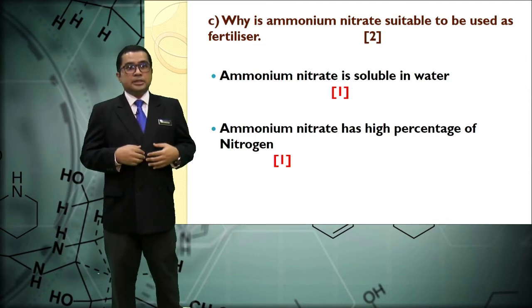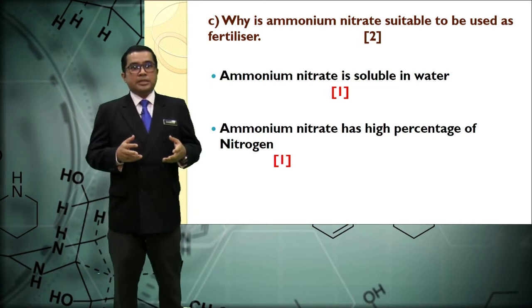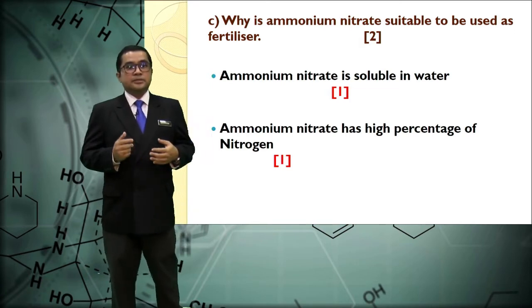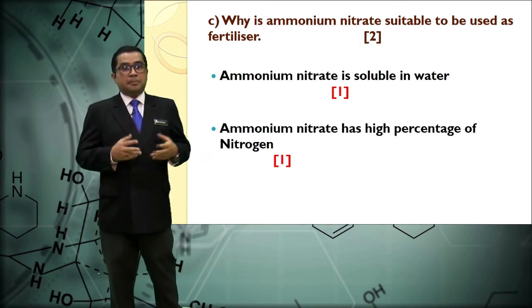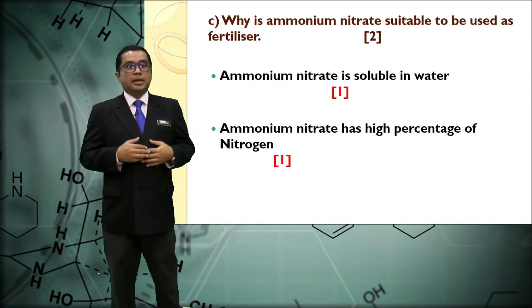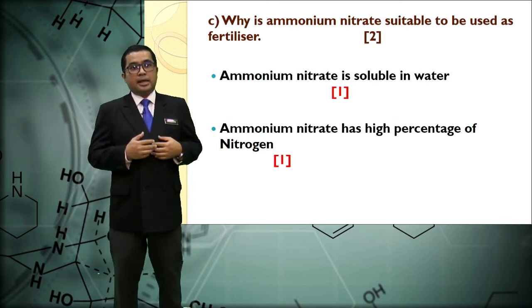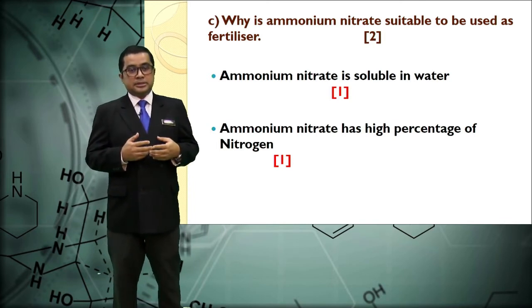Okay, for question C, the question asks why is ammonium nitrate suitable to be used as fertilizer? Kenapakah ammonium nitrate sesuai digunakan sebagai baja? So you must give the correct explanations.